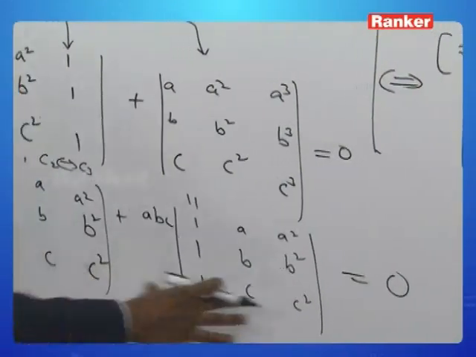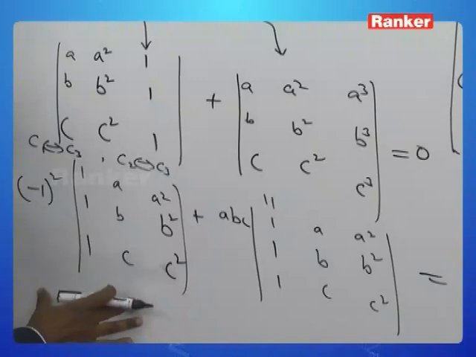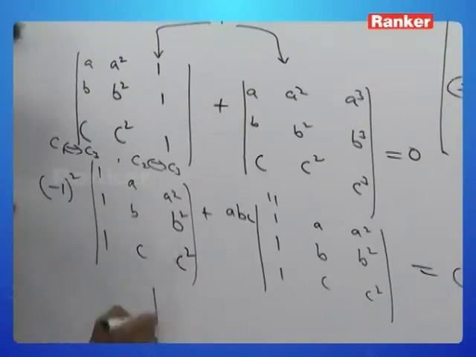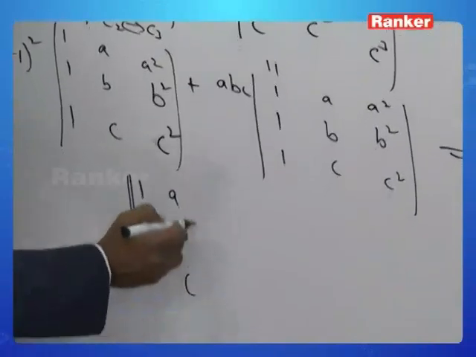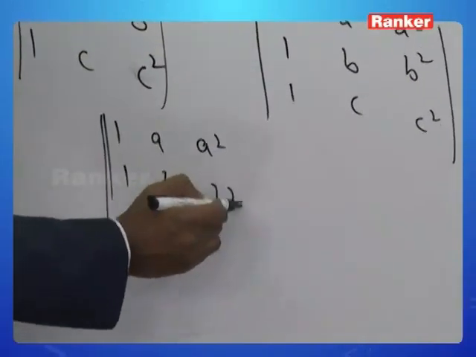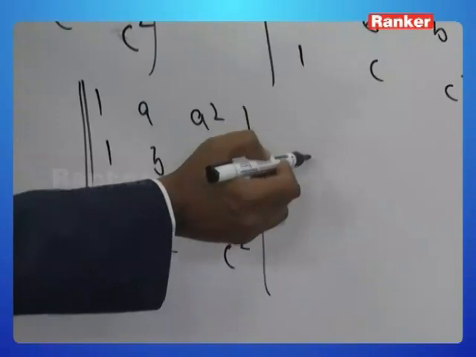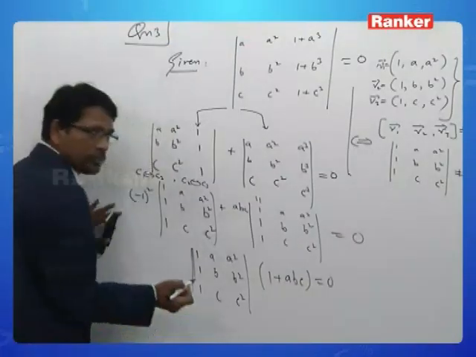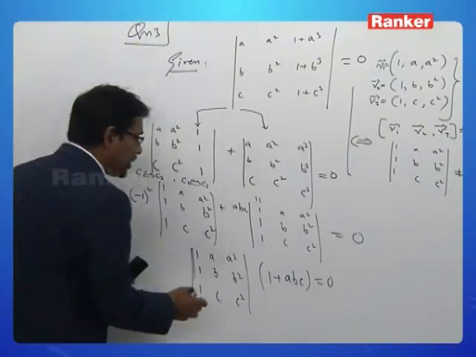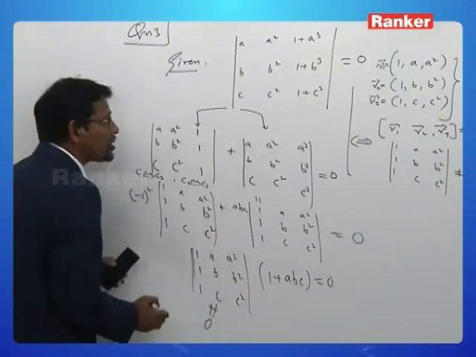Observe that this part is non-zero. You can take this determinant, 1, 1, 1; A, B, C; A square, B square, C square, common, into 1 plus ABC is equal to 0. Now observe that this is non-zero. Why is it non-zero?